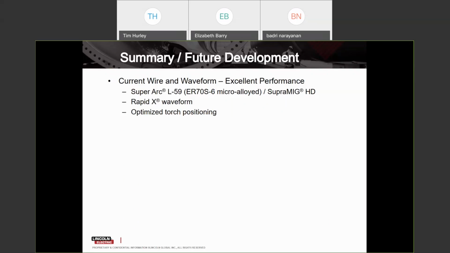What we really just wanted to do was summarize what we talked about. We finished with some new developments, but we wanted to emphasize that there's still excellent performance available depending on the base material in particular.